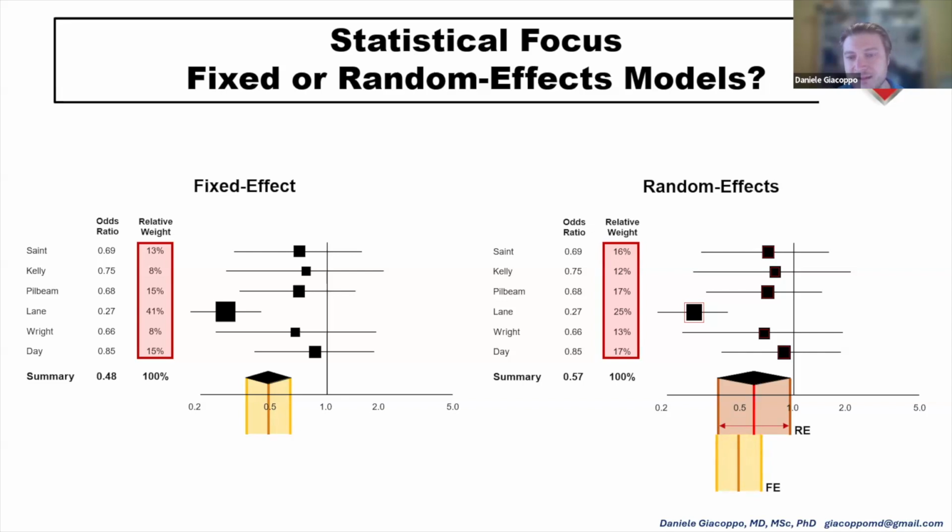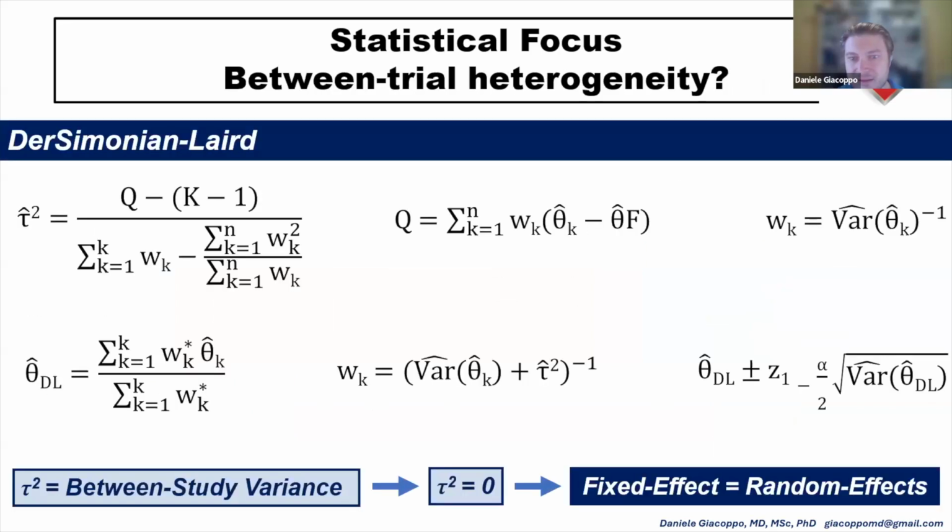What is changing is the relative weight of each trial, which is visually displayed by squares of a different size. And the diamond, which is the summary estimate, is different, generally more conservative with the random effects. As I anticipated, the two models are equivalent when you have a tau square of 0, the absence of a between study variance.